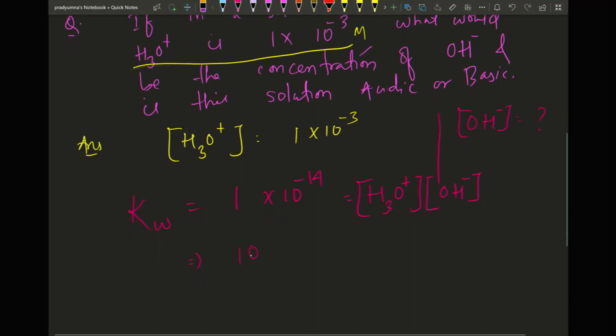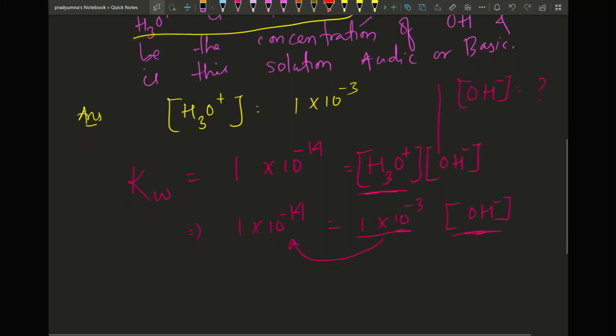1 multiplied by 10 to the power negative 14 equals H3O plus, which is 1 into 10 to the power negative 3, multiplied by OH minus. We want OH minus, so let's move this number to the other side. 1 into 10 to the power negative 3 was multiplied here, so on this side it will be divided.